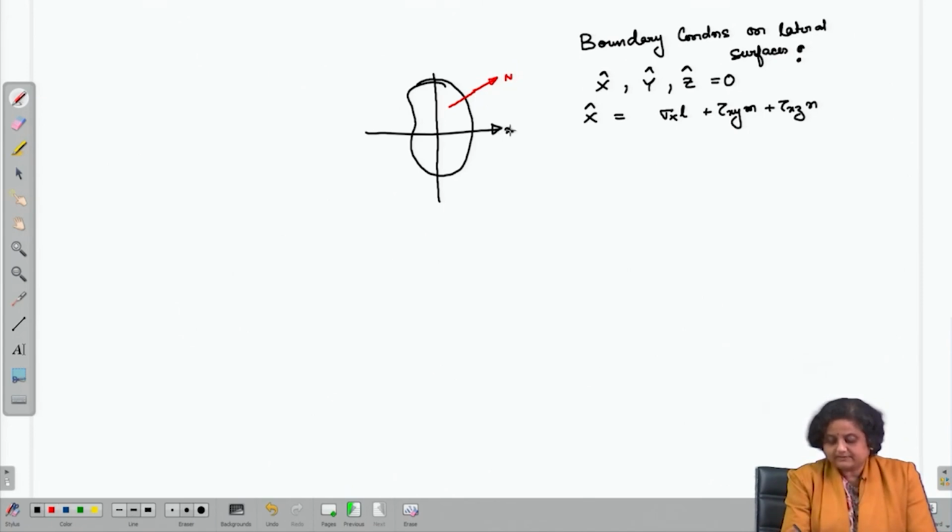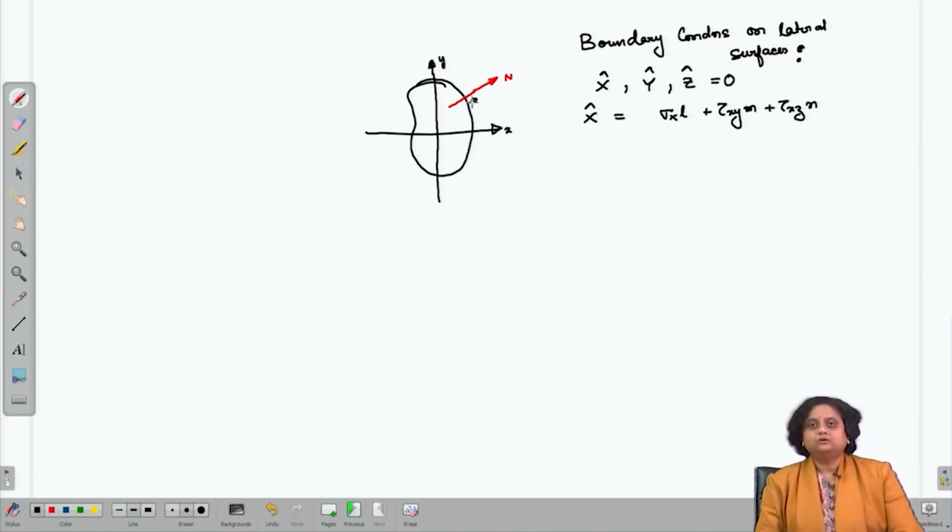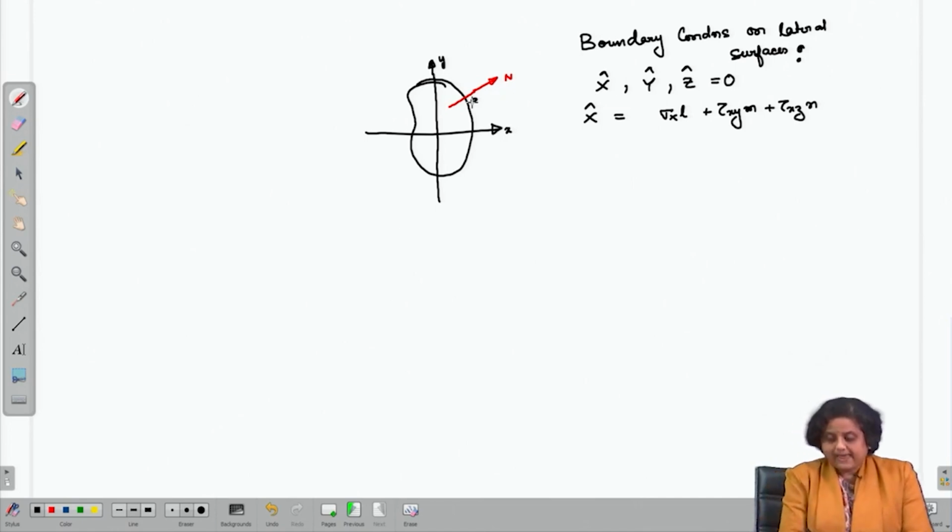This is the x axis and this is the y axis, and this is the normal at any arbitrary point P on the lateral surface of the shaft. Therefore, l, which is cos of n with x, let this angle be alpha.